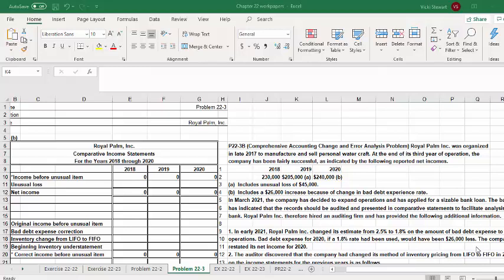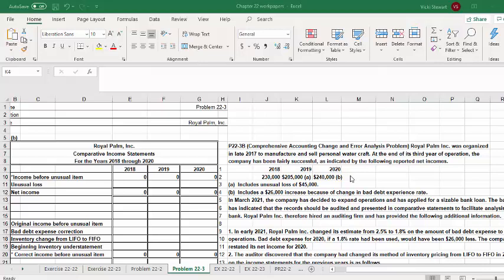This is a demonstration of problem 22-3B, Comprehensive Accounting Change and Error Analysis Problem. Royal Palm Inc. was organized in late 2017 to manufacture and sell personal watercraft. At the end of its third year of operation, the company has been fairly successful as indicated by the following reported net income.